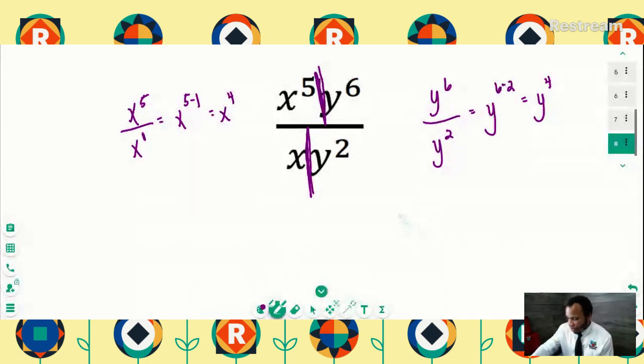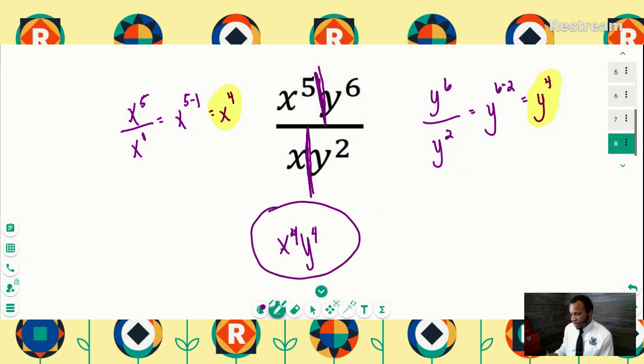Now from here, we'll just take these 2 parts that we have, this right here and this right here, and this will be our answer when we put these pieces together. So we have x to the 4th, y to the 4th as your answer. And that will be it.